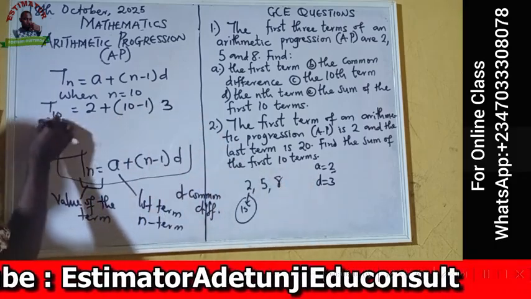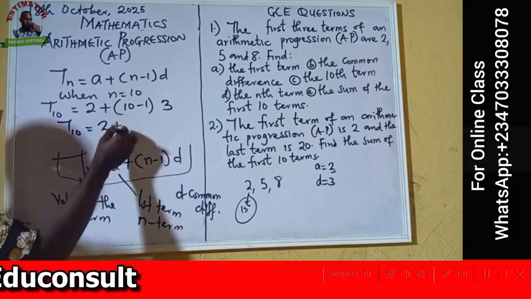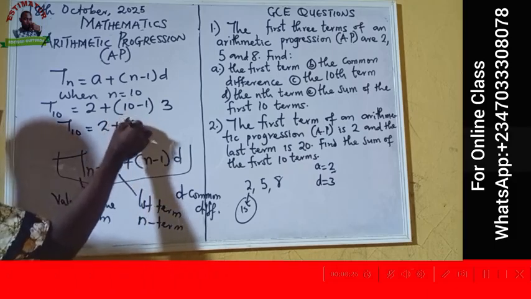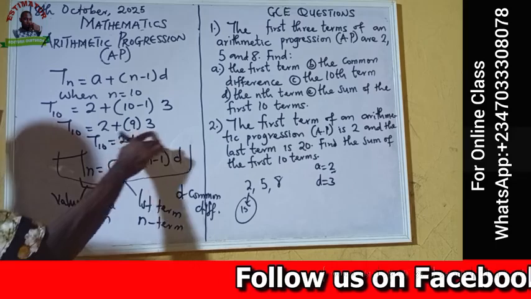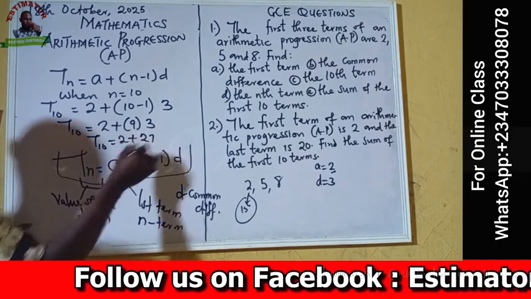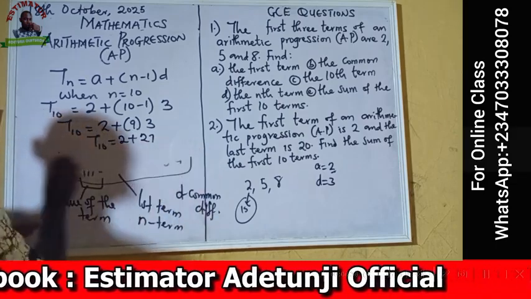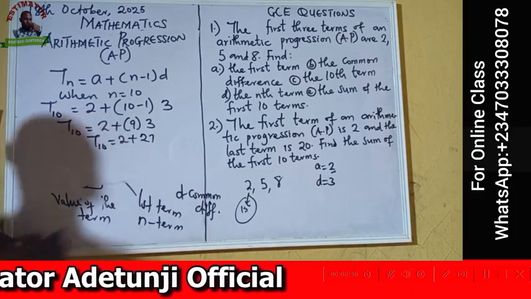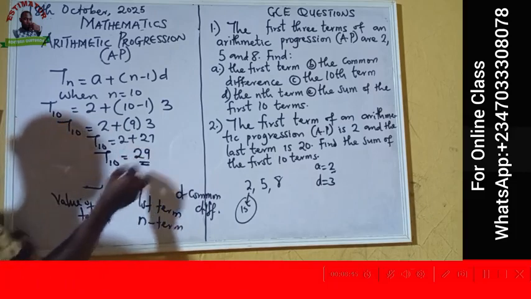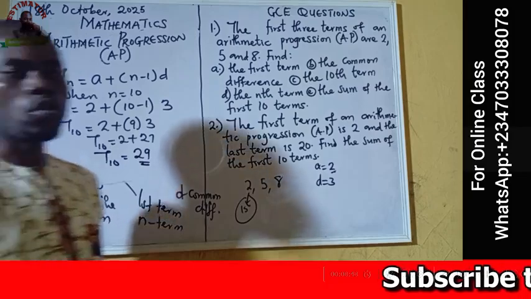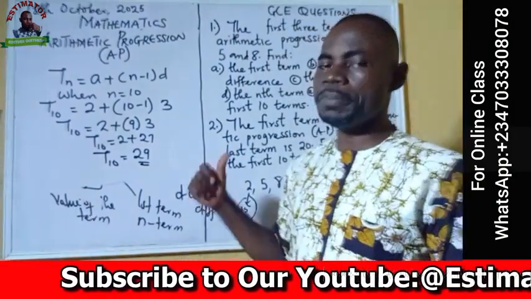So finally, T10 equals 2 plus (10 minus 1) times 3. 10 minus 1 is 9, times 3 is 27. So T10 equals 2 plus 27. So finally, our T10 is 29. That is, 29 is the number that will occupy the 10th position in this given AP.